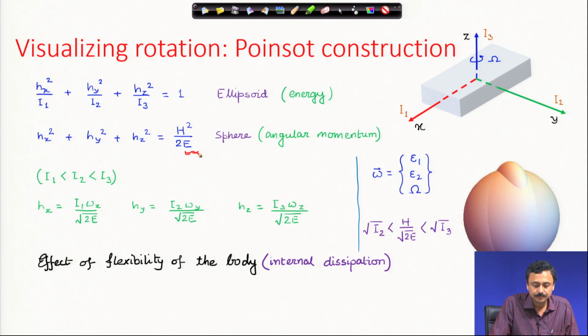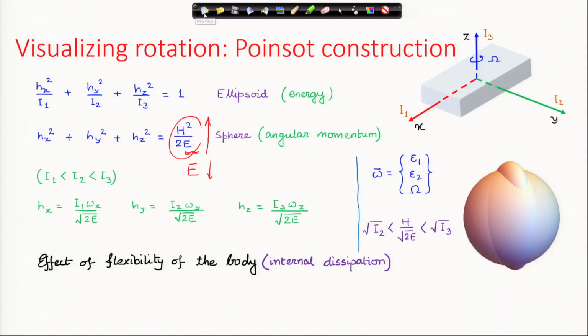If it damps out, what is going to happen to the radius of the sphere? Radius of the sphere is going to increase. When energy goes down, the radius is going to increase. And what is going to happen if the radius increases? You can see from here, wherever we start from, if the radius starts increasing, eventually it is going to come to this kind of thing, and finally this is the final state where the sphere is going to be tangential to the ellipsoid.